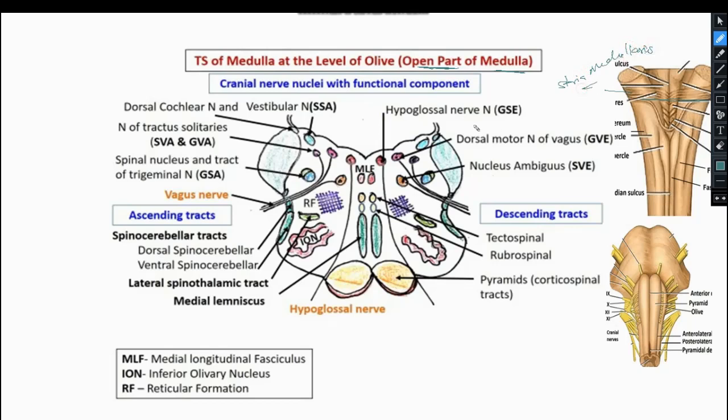So here this is the fourth ventricle, and this part, the hair at the floor of this fourth ventricle, is a stria medullaris. At this level, the largest gray matter is this olive, inferior olivary nucleus. They are the largest gray matter.